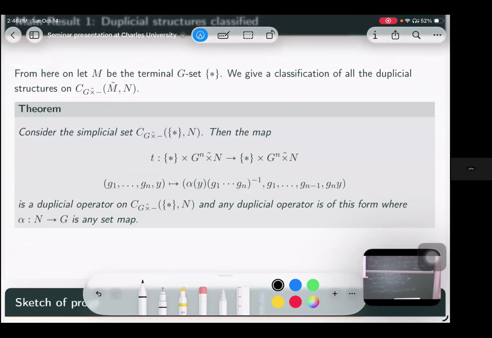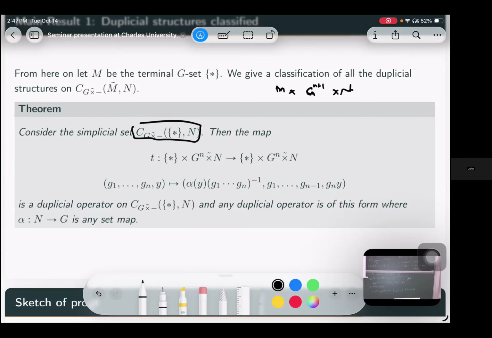And so we consider this simplicial set that we have. Now, if you notice, I have taken the M to be a terminal G-set. That was to make life easy for me, because having the M here became a bit difficult.